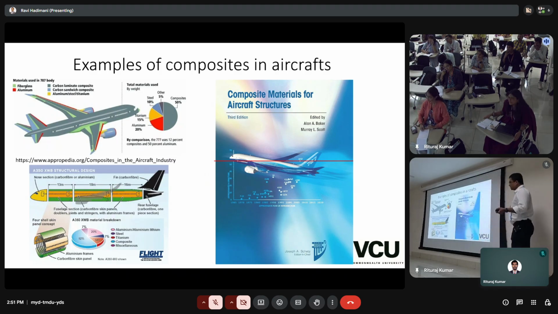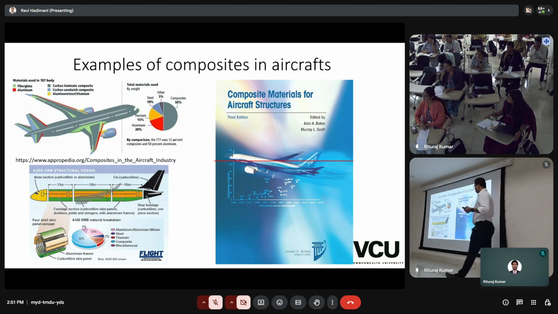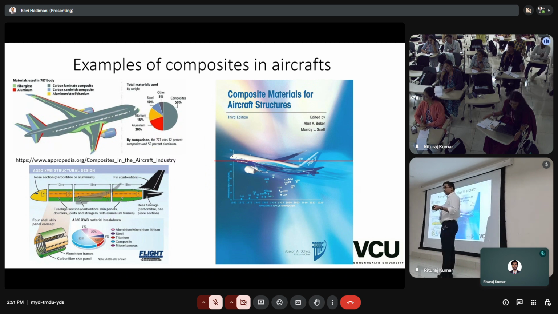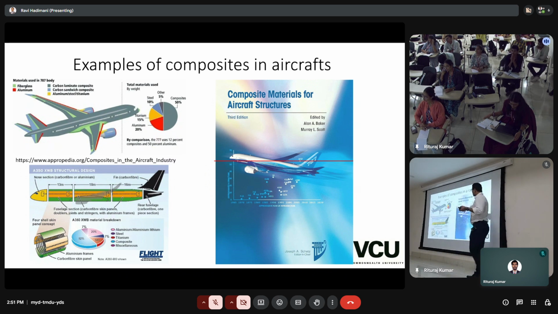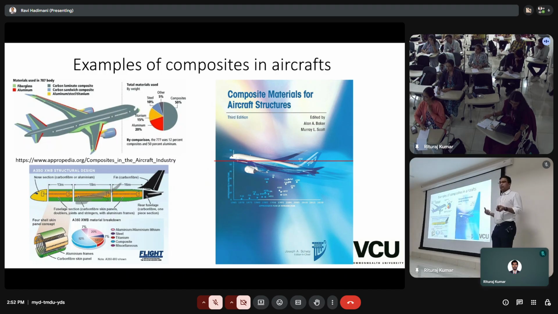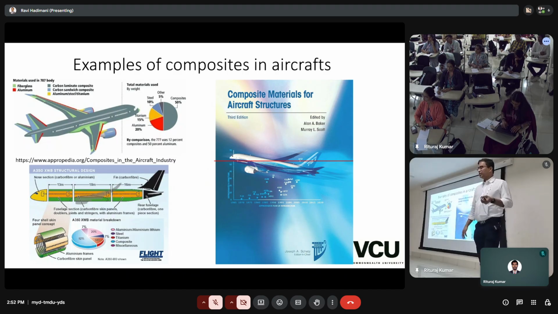Okay, so we talked about what is one of the biggest limitations of composites. If it's that good, if the material properties are better, why don't we all use composites? Yeah, unpredictable. It's very difficult to predict the strength or other properties of a composite material.